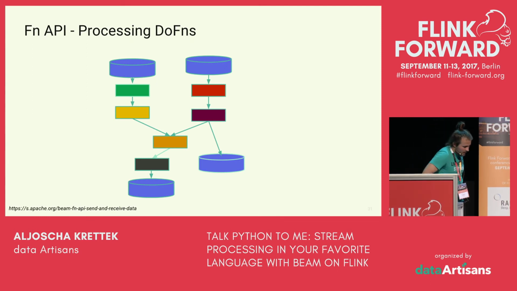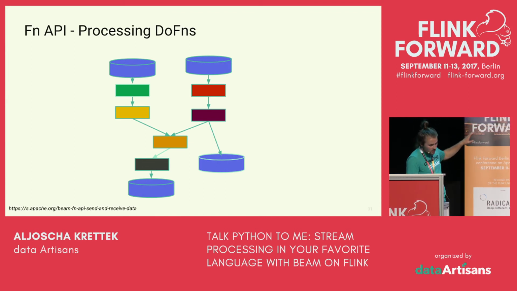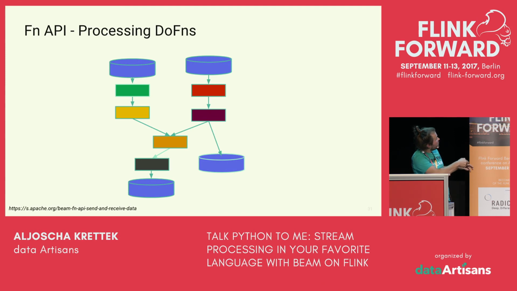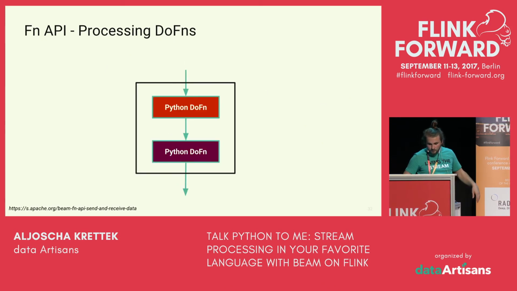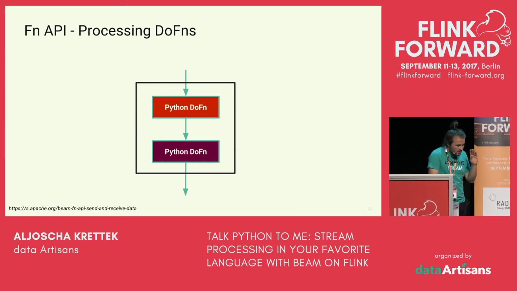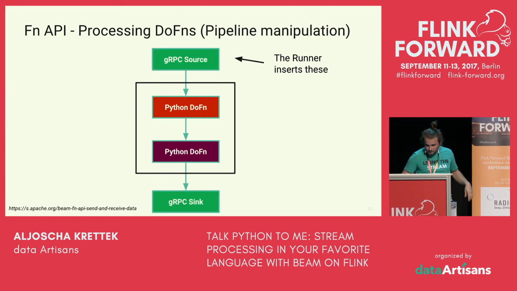Now as a last step, we have to look at how we actually execute these functions. So this is the pipeline that we have, and say we have some p-transforms, and let's say we need to execute those 2 here because they are actually Python code. And now there's a very neat idea of how this actually works in the harness. Because we already have a specification of pipelines and sources and things, and we can execute these pipelines, what we do is we cut out these 2 Python functions from the pipeline.